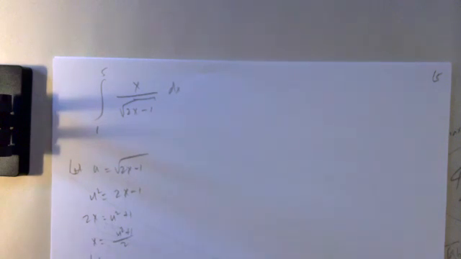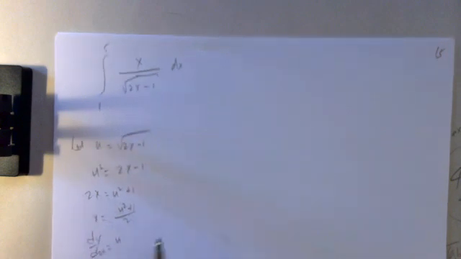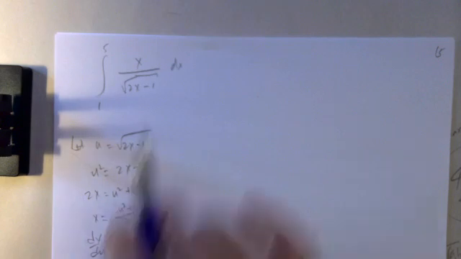And dx/du, I differentiate this with respect to u, I just get u, right? Because the derivative of u squared is 2u over 2, which is just u. Derivative of 1 is 0. So dx is u du.